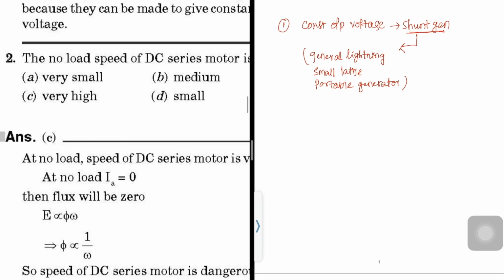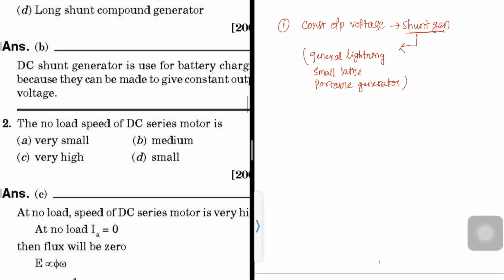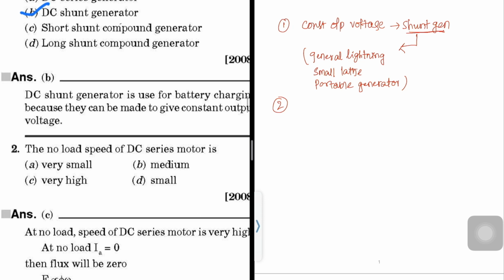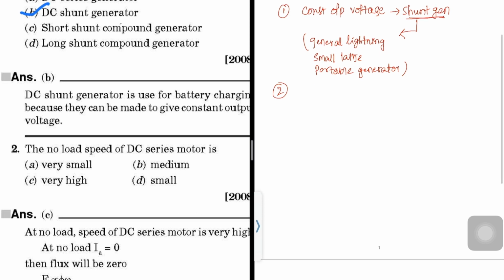Coming to the second question, the no load speed of a DC series motor. In a DC series motor, the field winding is in series with the armature. So in case of no load, the armature current will be zero, right?